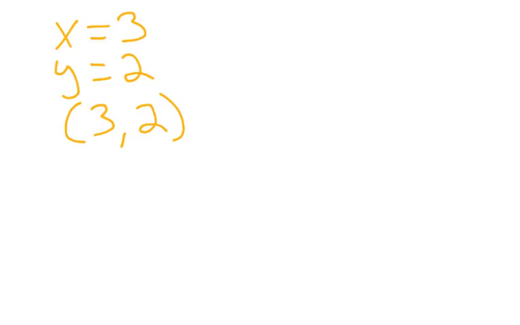To prove that this is a point on the curve, we plug (3, 2) into the original equation. The original equation is x squared plus 4y squared, which equals 7 plus 3xy.